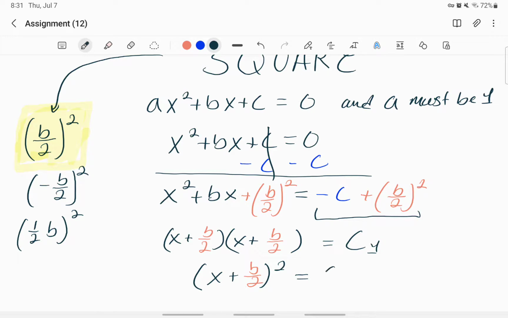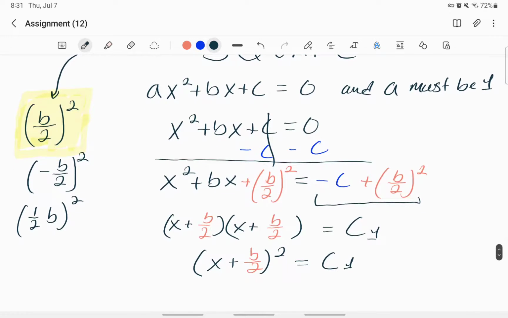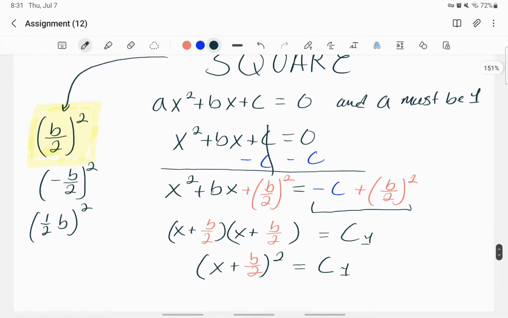That's going to equal to C1. And this is great because now when we complete the square, we are in a square root property type of question. I can apply the square root to both sides and then continue to solve for x.